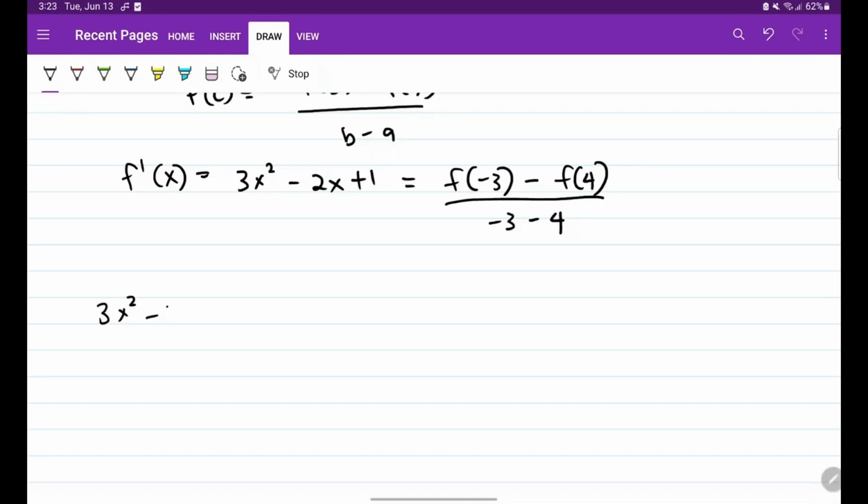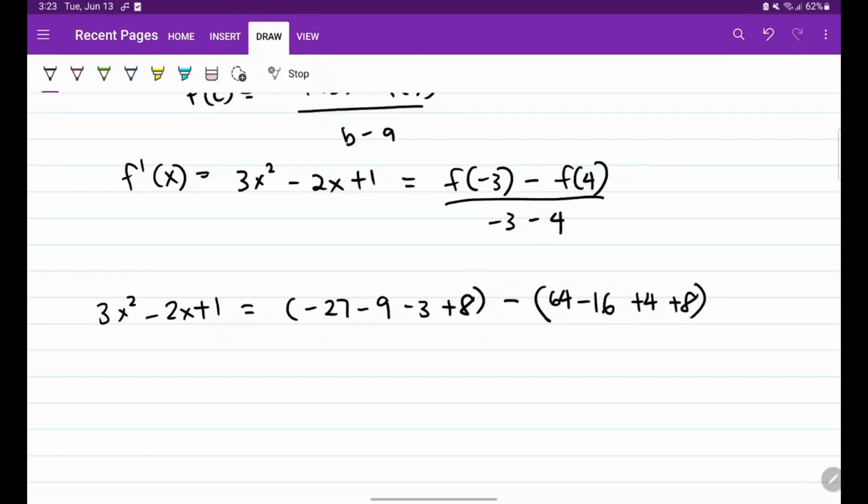Okay? So copy natin yung left hand side. So 3x squared minus 2x plus 1 is equal to, pag pinag-in natin negative 3 doon, this will be equal to negative 27 minus 9 minus 3 plus 8 minus 64 minus 16 plus 4 plus 8 all over negative 3 minus 4, which will be equal to negative 7.